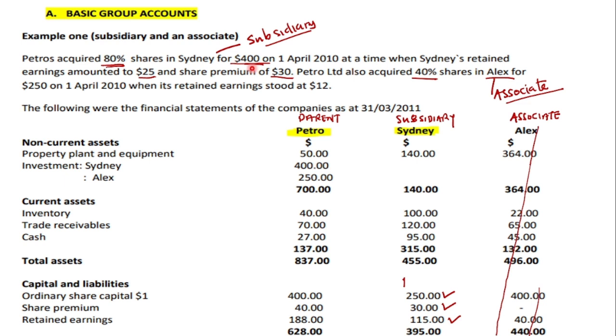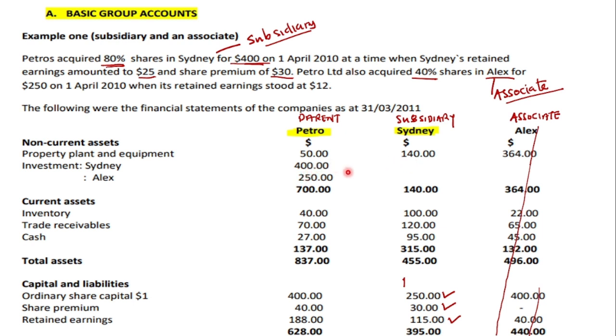Alternatively, if it's not given right in there, you can still find it in the financial statements under non-current assets. We have here under investment in Seeding, we have 400. So sometimes they may be silent there, but you can still pick it here. Meaning that Petros paid 400 to acquire the shares in Seeding.